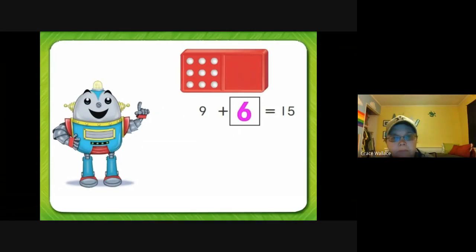We can check our answer by drawing more circles on our domino. We think our missing addend is 6, so let's draw 6 circles on the right side of our domino. Now we can count on from 9, 10, 11, 12, 13, 14, 15. 9 plus 6 equals 15. So 6 is the missing addend.